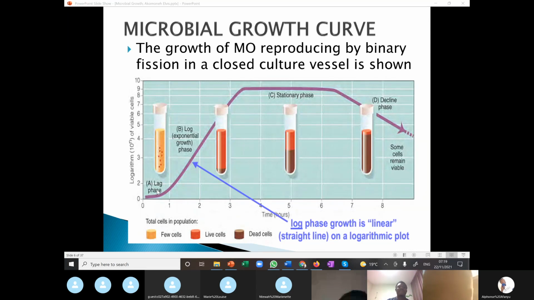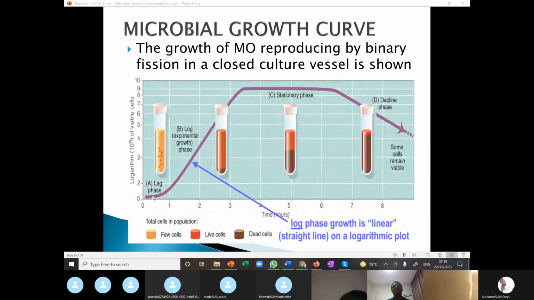The third reason is that since the organisms have just been introduced into a culture medium, they will need the necessary enzymes to start growth. So they will need to synthesize new messenger RNA. They will need to do transcription. They will need to now duplicate themselves.